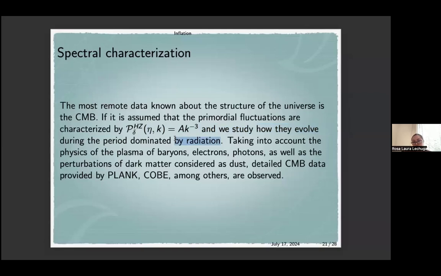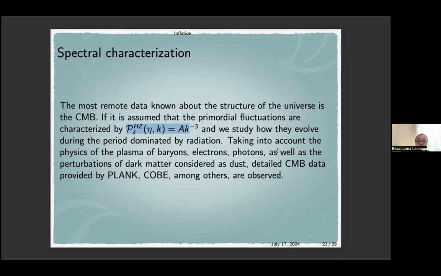In the case of inflation, as I mentioned before, we focus on the cosmological constant, not on radiation, okay? It's different. At that time, people thought that the universe was filled with radiation. And they thought, okay, we need to take into account the primordial fluctuations characterized by this power spectrum and study how they evolve. But it was also not trivial, as you can see.